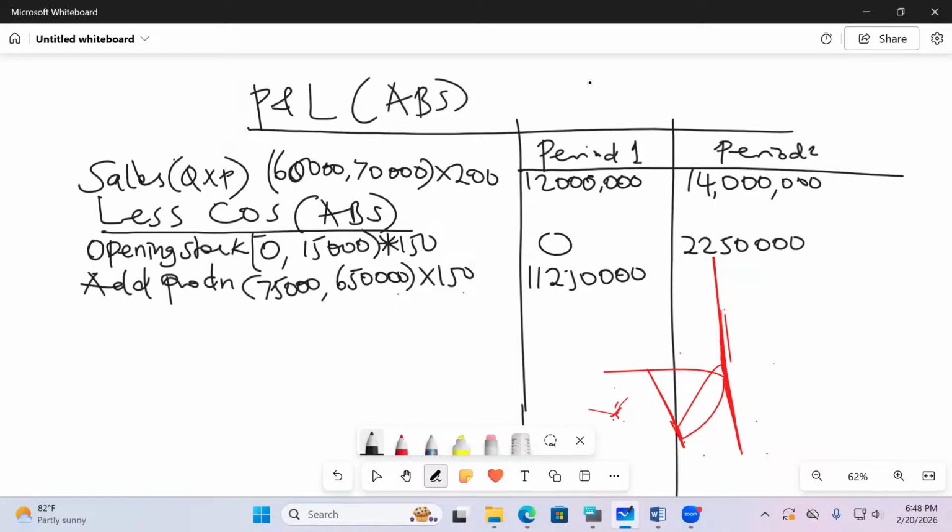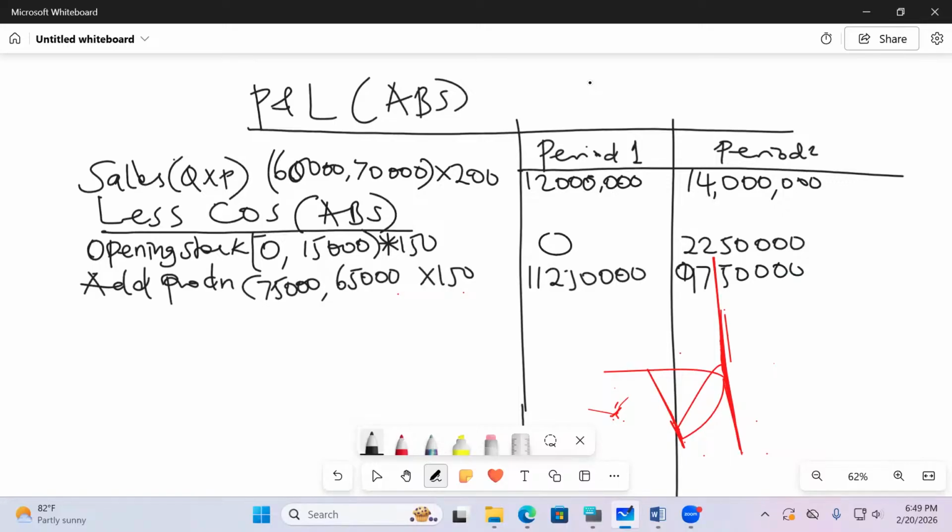Actually, this is supposed to be 65, sorry for that. 65,000, which will end up giving me what figure here, ladies and gentlemen? 9,750,000. Like that.